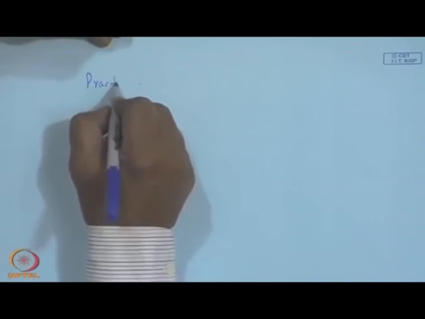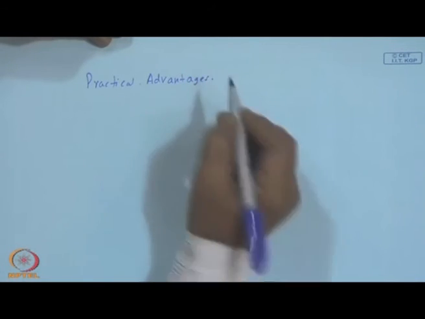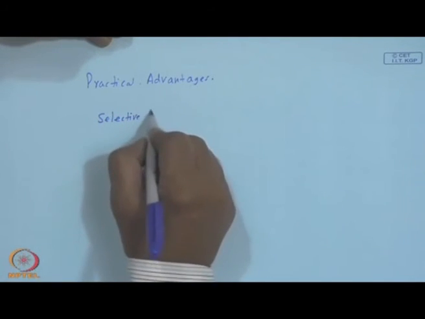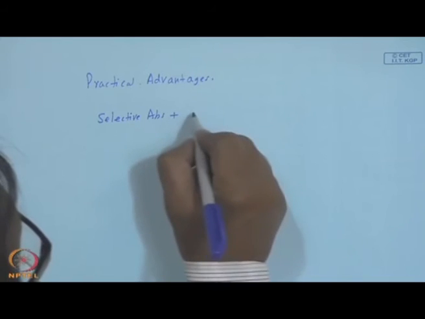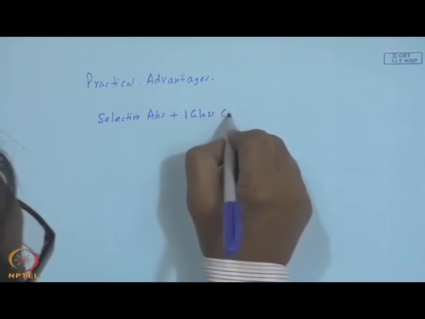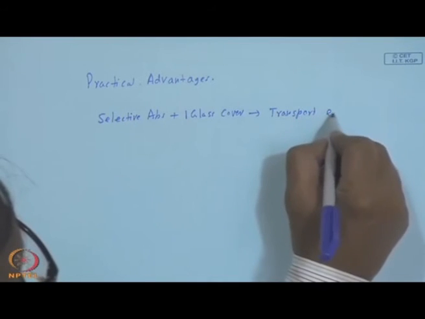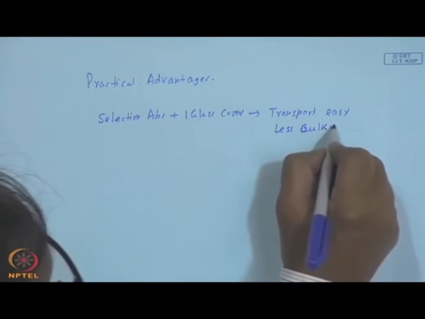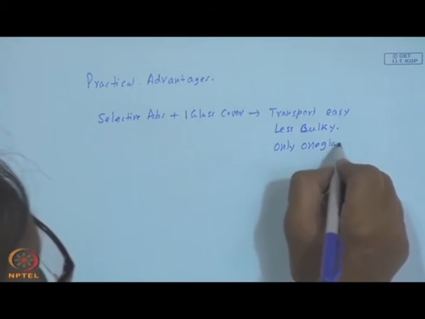The practical advantages or disadvantages. If you have a selective absorber, assuming that the costs are comparable, generally they are, plus 1 glass cover, transport easy, less bulky, in other words, and only 1 glass to break.